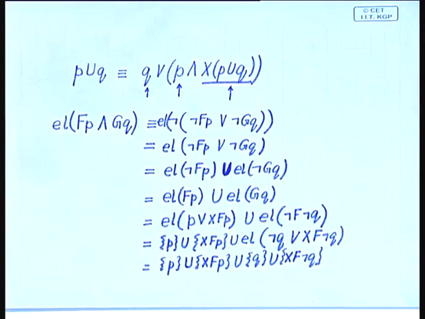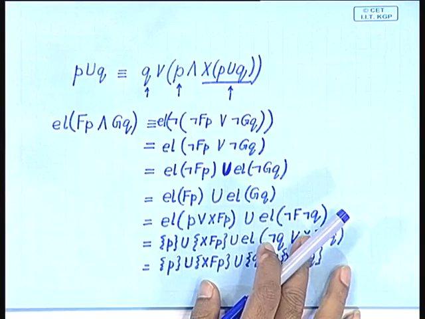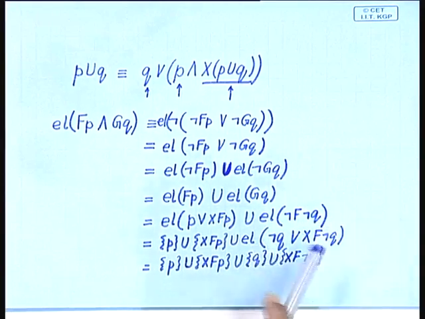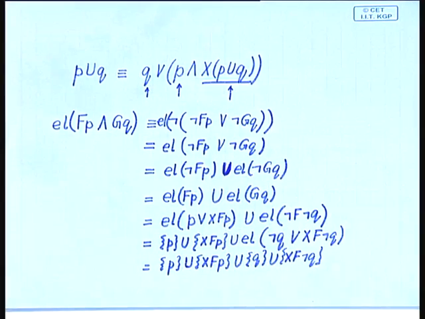Now, to create the tableau, we will treat each of these elementary subformulas as a state bit, and if there are k such elementary subformulas, we will construct a state space consisting of 2 to the power of k states.